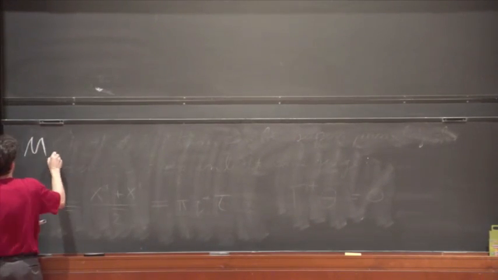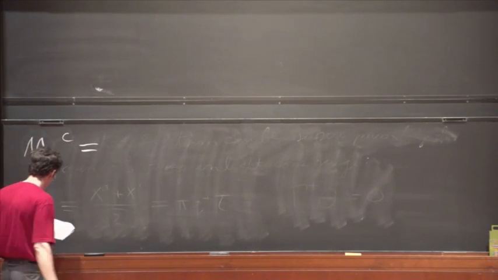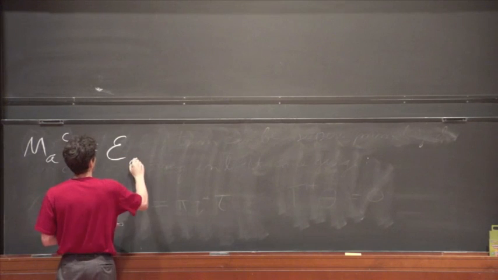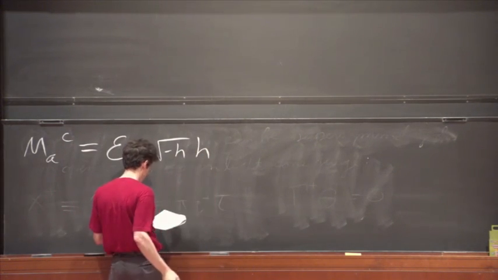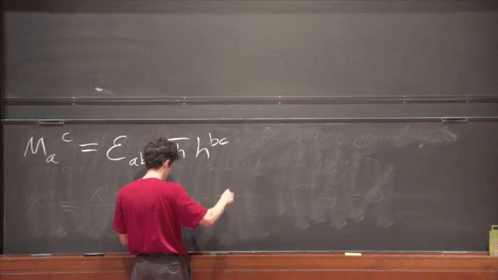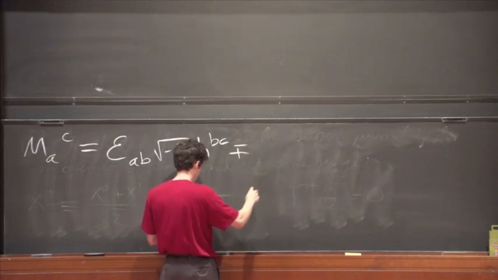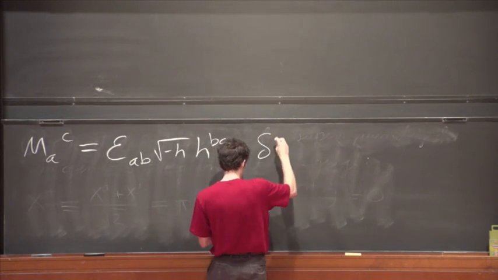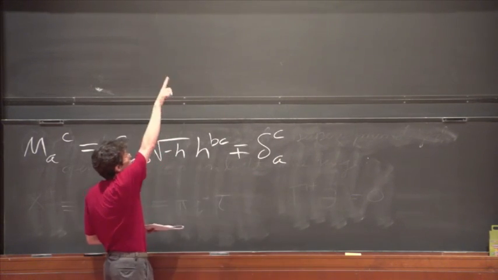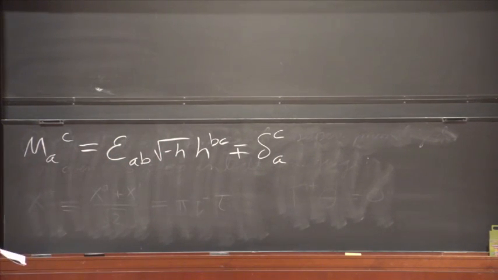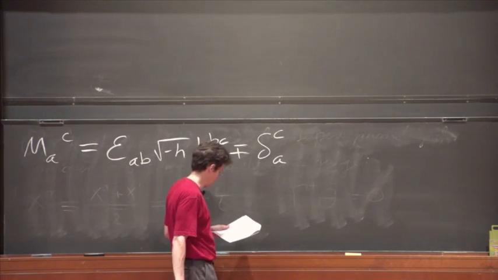This matrix M^A_C equals epsilon^{AB} times the worldsheet metric, minus plus delta^A_C. And this minus plus is the same sign that I had above in my desired main equality.